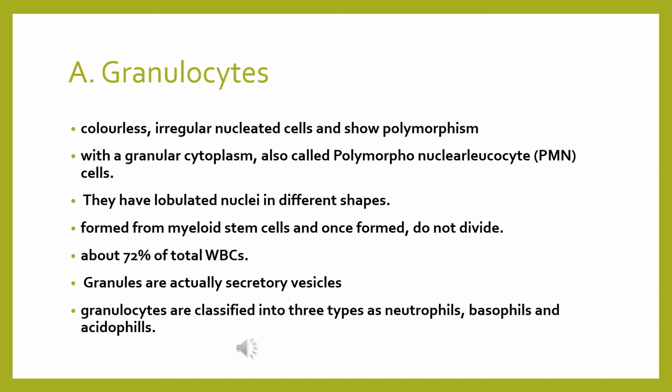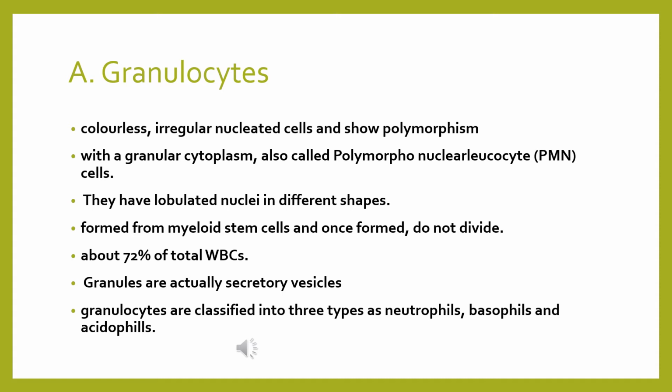As we know, this granulocyte shows different shapes of nucleus. It is of different lobes. In some types of WBC, it is a multi-lobed nucleus. In some granulocytes, the nucleus is twisted, and in some types of granulocyte, the nucleus is bilobed. So we can say that they have lobulated nuclei with different shapes.